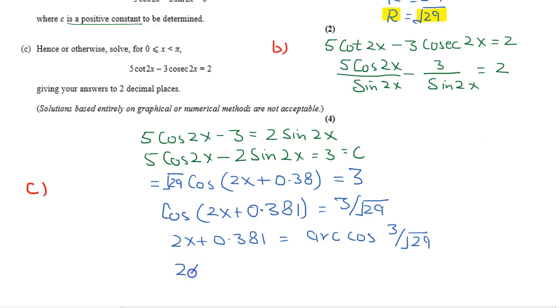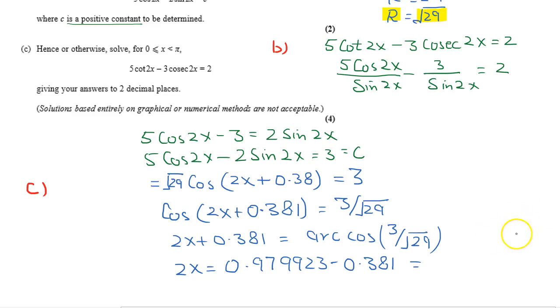So 2x is equal to arc cos 3 over root 29, or cos inverse 3 over root 29, which is equal to 0.979923, minus 0.381, since it has changed side.